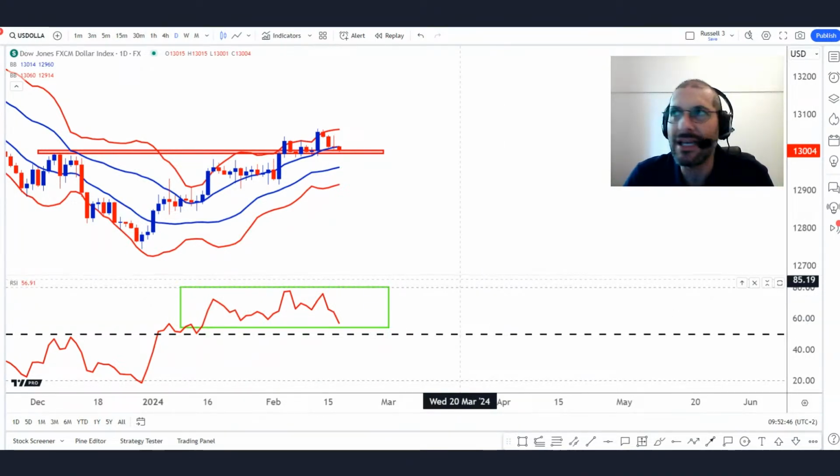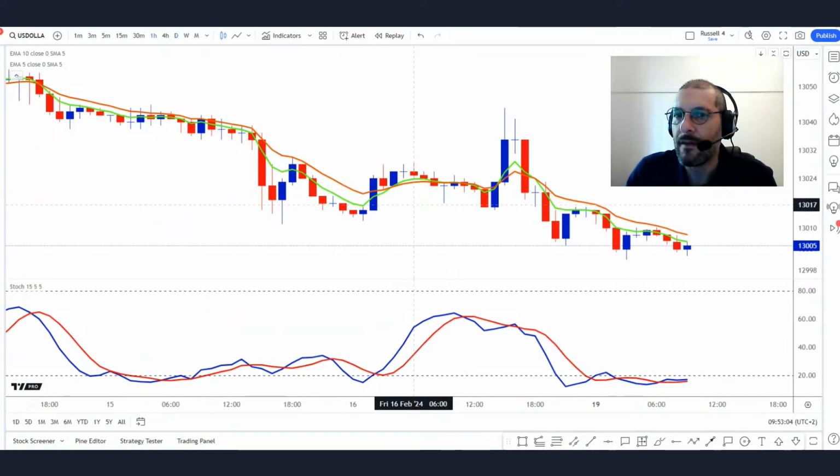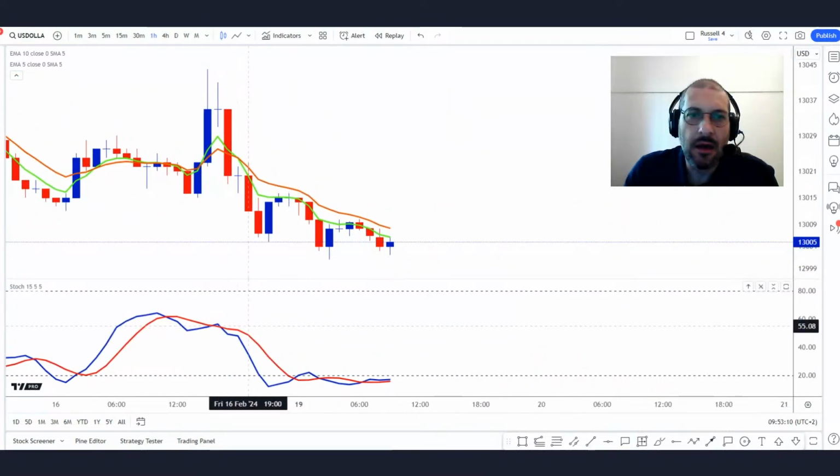Let's go down to the hourly, see what kind of setup we are getting on the hourly in terms of our timing. All right, so let's bring that up. Okay, but RSI is pointing most definitely down.